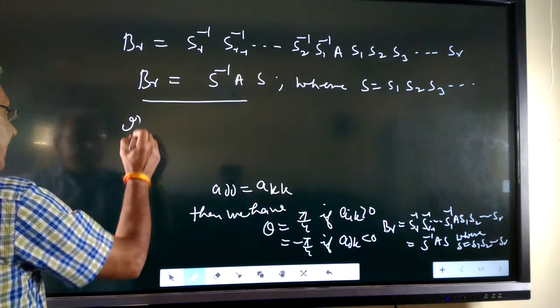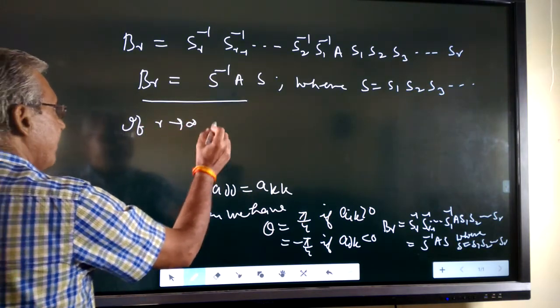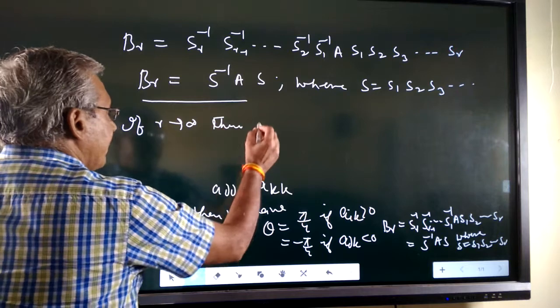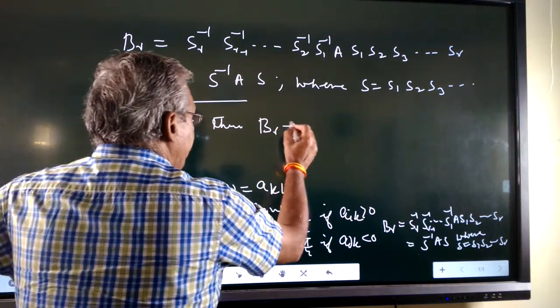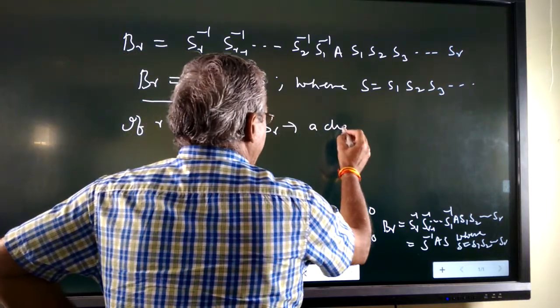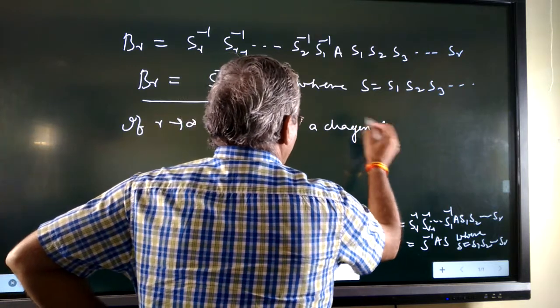If r tends to infinity, then Br tends to a diagonal matrix.